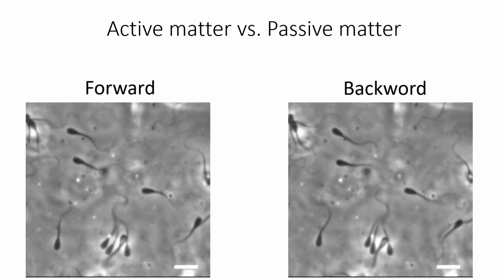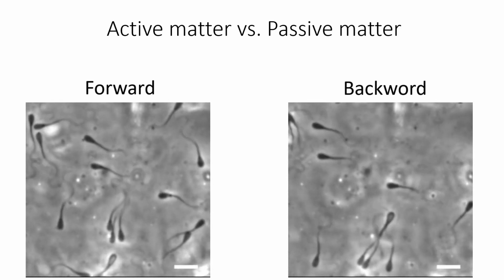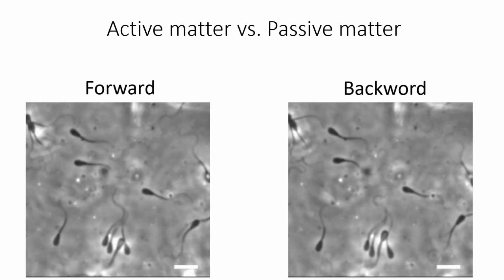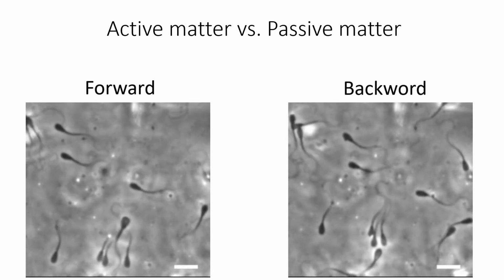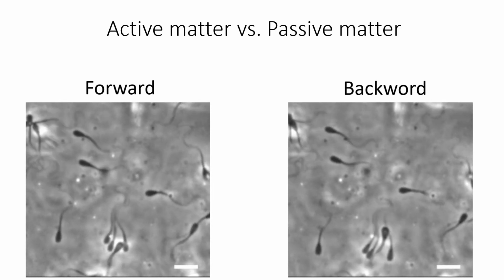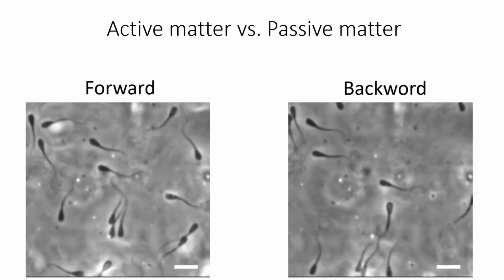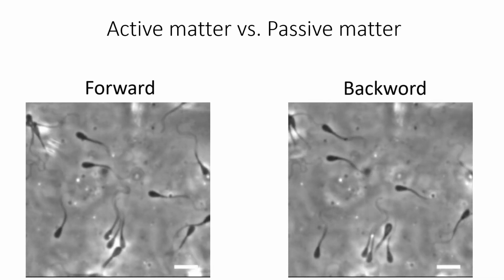The reason you can distinguish forward and backward is because in this system, sperms are swimming, constantly consuming biological fuels to beat their flagella. The system is far from equilibrium. The second law of thermodynamics says that this system will increase its entropy over time.